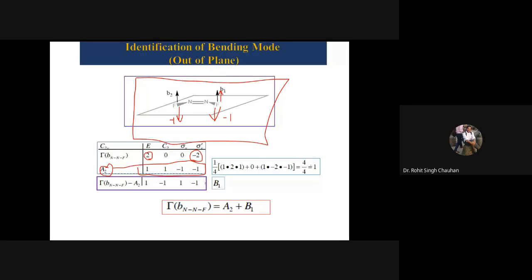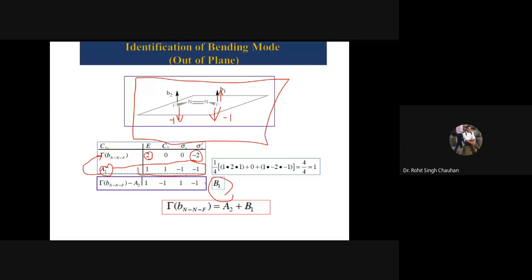So if you sort it out, it will be A1. Again, whether you want to perform it on every reducible representation is your choice, that is also correct, but I want to use some shorthand. That's why I have subtracted this A2 from the total, and I come across B1.